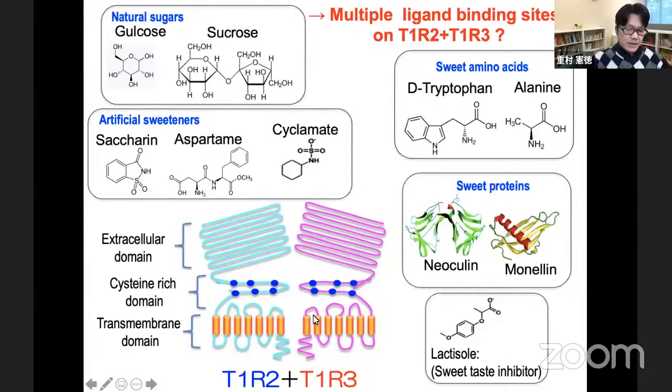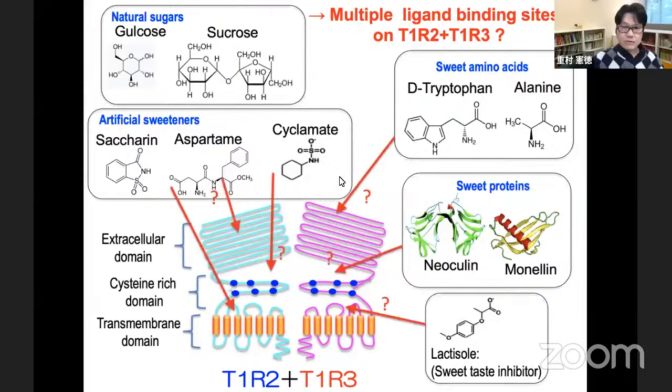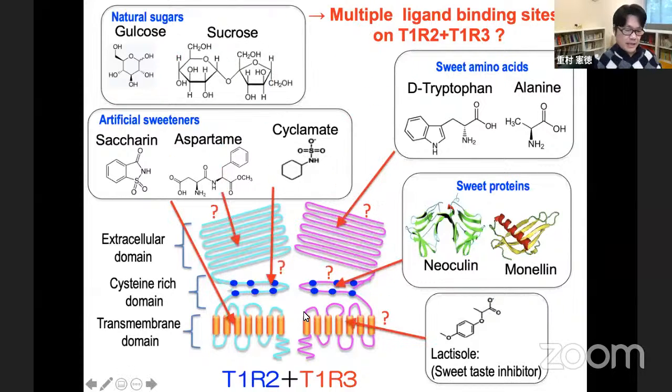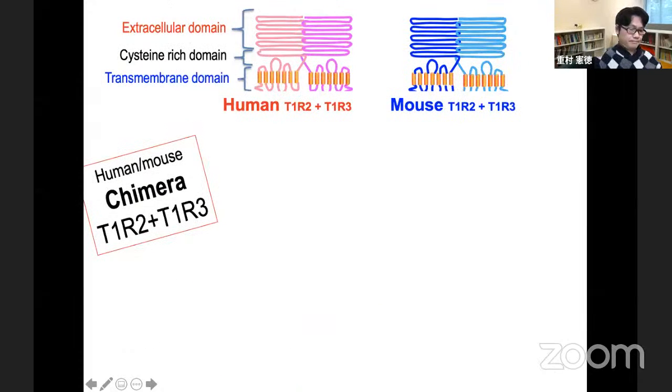So it was speculated that the sweet taste receptor would have multiple ligand binding sites like this. To examine this possibility, T1R2 and T1R3 mouse-human chimeric receptors were generated and analyzed.